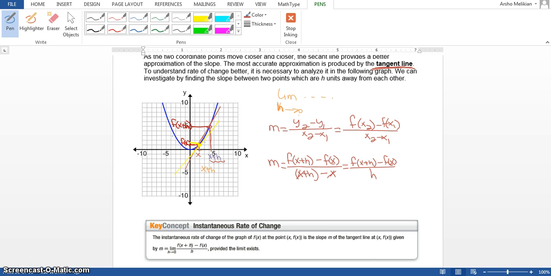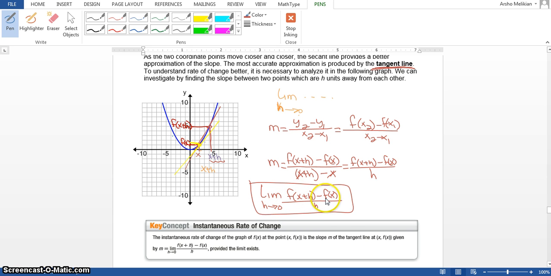However, what we said is this whole thing is riding on the fact that h, which is the distance between the 2 points, is almost what? 0. So then this is going to be the limit as h approaches 0 of this formula. Okay?